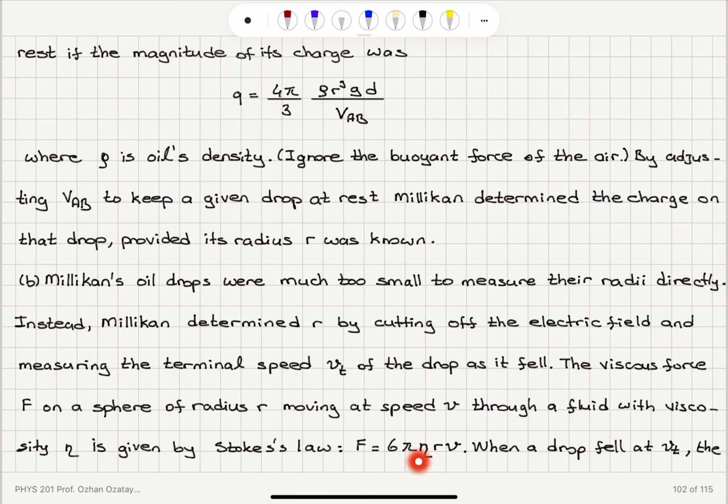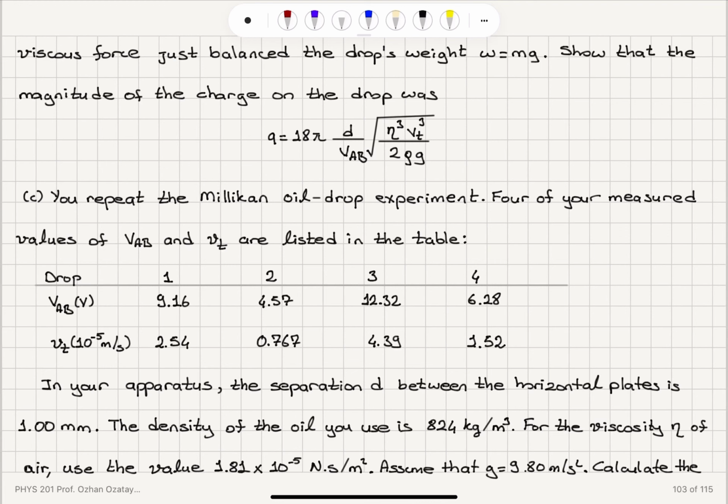F is equal to 6 pi eta rv. When a drop fell at the terminal speed Vt, the viscous force just balanced the drop's weight mg. Show that the magnitude of the charge on the drop was Q equals 18 pi d over VAB square root of eta cube Vt cube divided by 2 rho g.